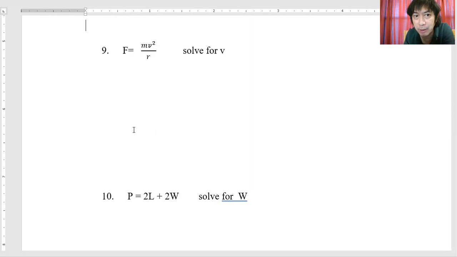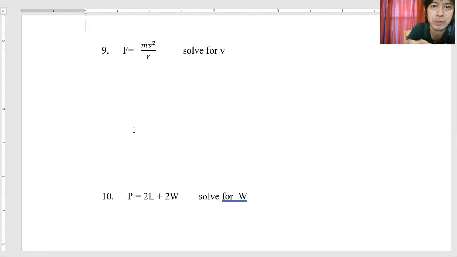You can only cancel that by multiplying both sides by r. Again, always remind yourself of the four basic operations: add, subtract, multiply, divide, to simplify, starting from the first step. You can see here a fraction. If you have an r on the numerator, it will divide by the r. So to put the r at the numerator of the fraction, you have to multiply both sides by r.